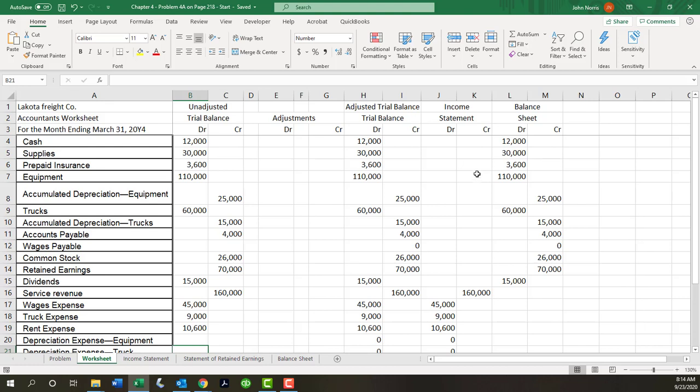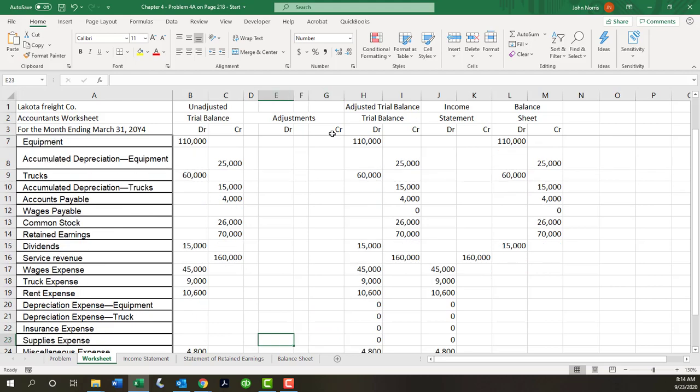So item number A is supplies on hand on March 31st are $7,500. They have an unadjusted trial balance of $30,000, which means we still have $7,500 at year end, so we used up $22,500, and that's going to be supplies expense.